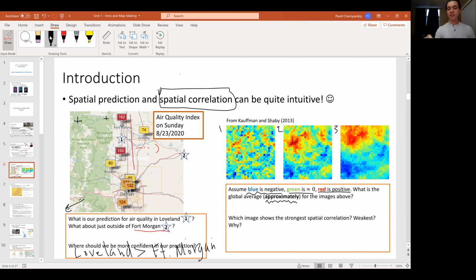Well, as I'm stepping back, there's about the same number of reds and blues in every picture, in 1, and in 2, and in 3. So approximately the global average is actually 0.